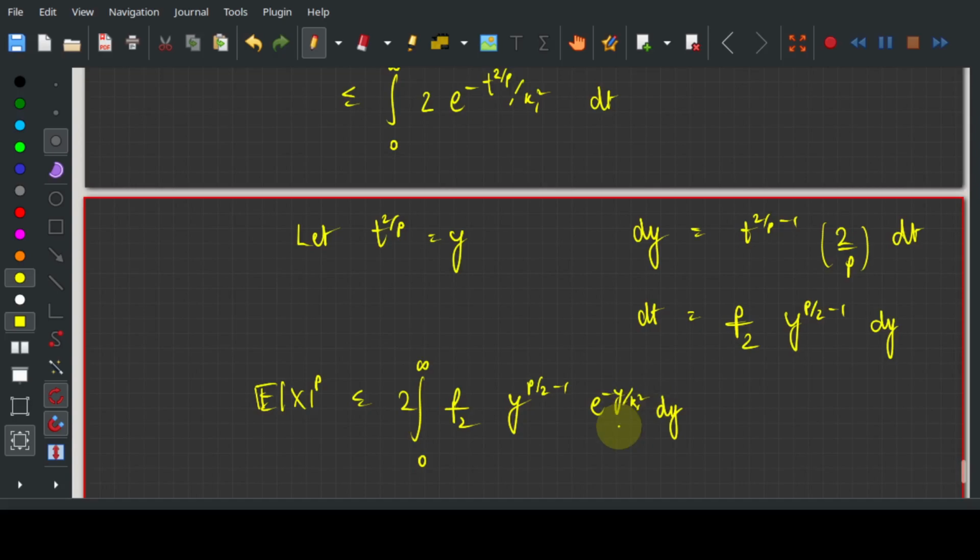Okay, so maybe I should have done this differently. Let me say divided by k1 square, so that this is equal to this divided by k1 square.